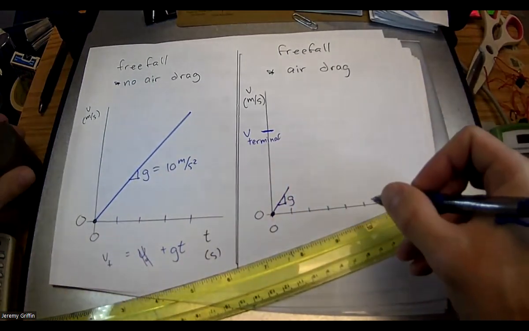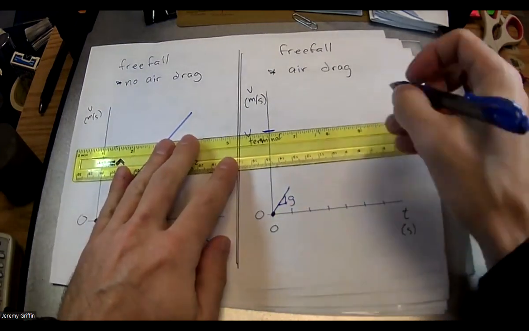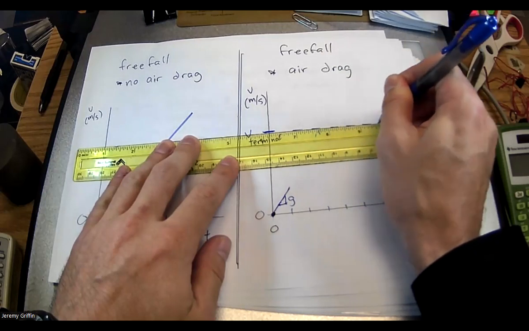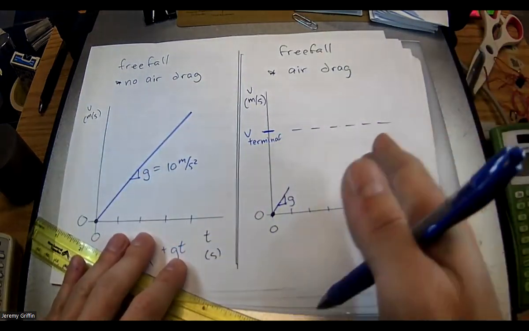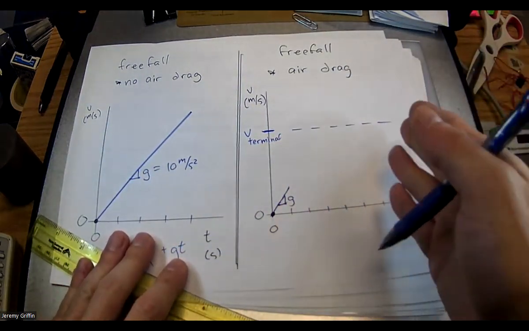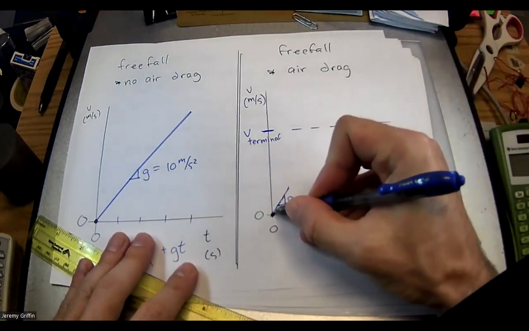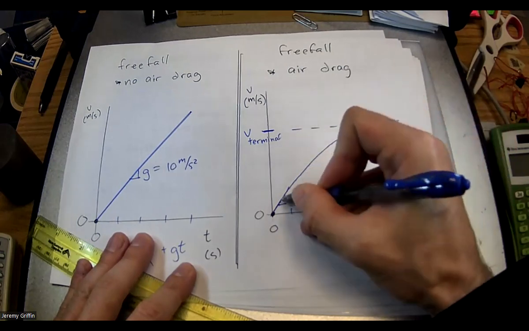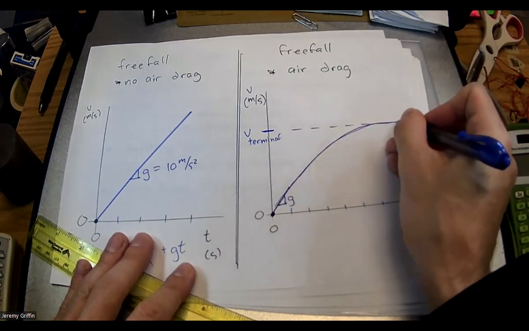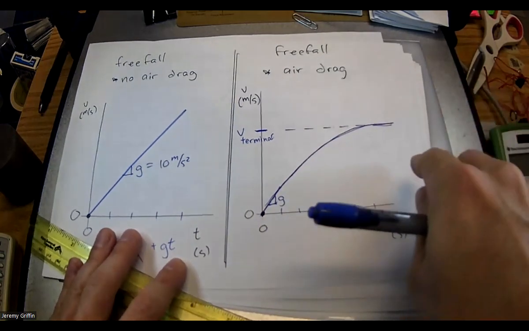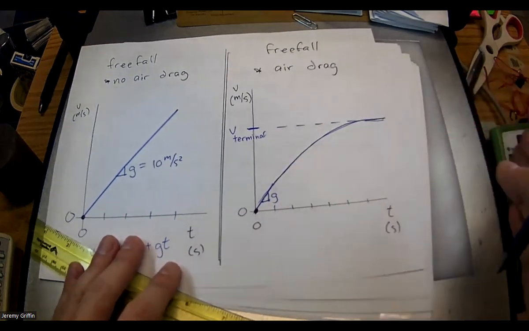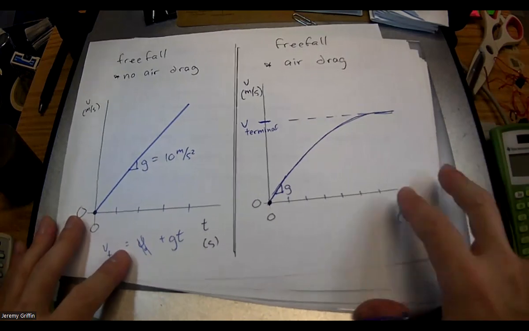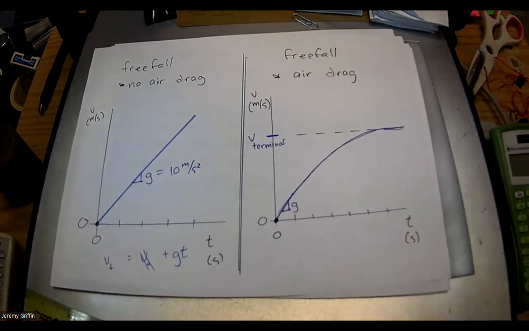But you guys know that after a long time, it's eventually going to reach this horizontal asymptote, isn't it? Where after it's been falling for like 10, 11, 12 seconds, it's not really speeding up anymore, right? So we're going to connect these things kind of like this. Kind of taper off. You guys get that? And then if there's more seconds, like more paper off to the right, it's just going to fall at constant velocity all the way down to the ground, isn't it? You guys get that?